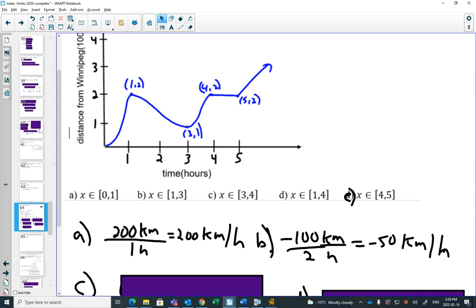Now, we don't often talk about negatives when we're driving because your speedometer on your car doesn't go in the opposite direction, okay? But in mathematics and in physics, when we have a direction, in this case we're talking about going towards Winnipeg and going away from Winnipeg, this negative 50 kilometers per hour just means that you're returning in the opposite direction that you came.